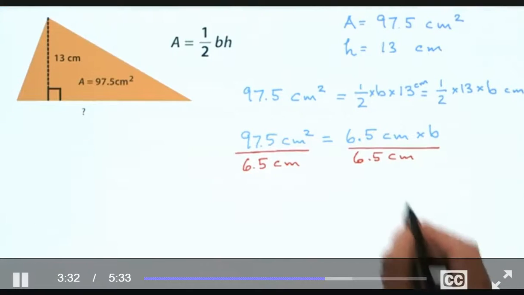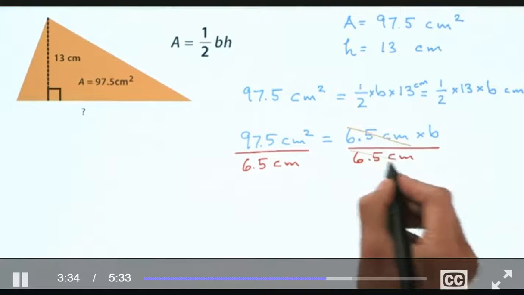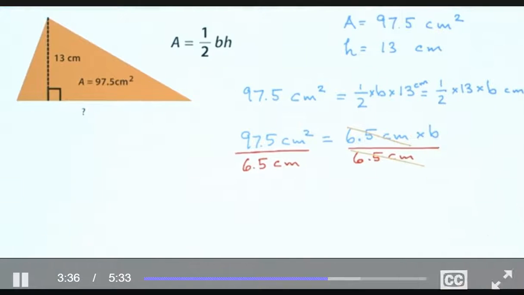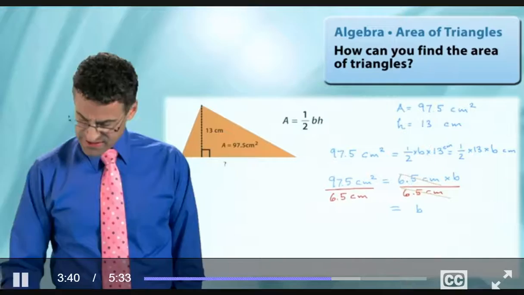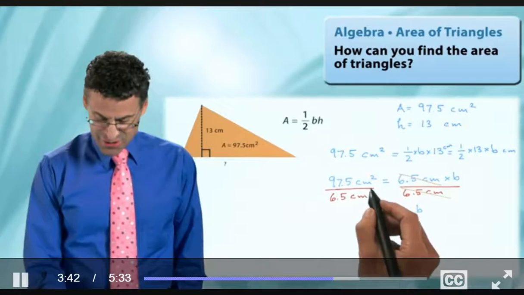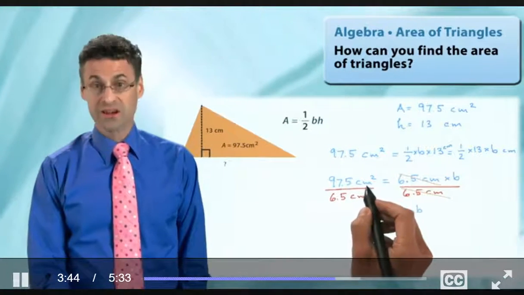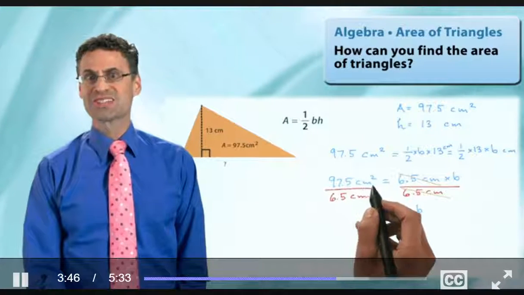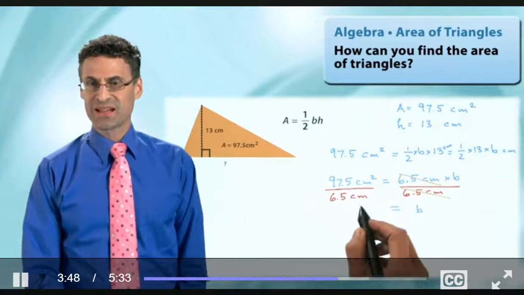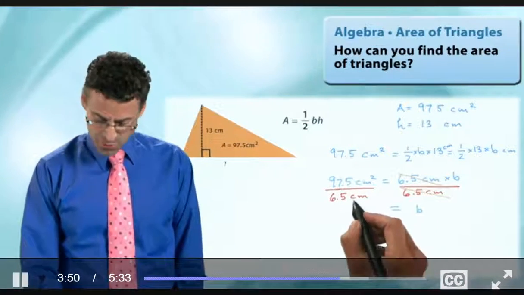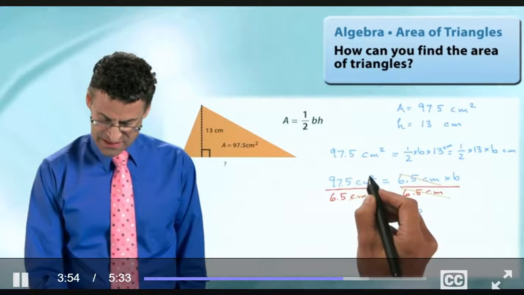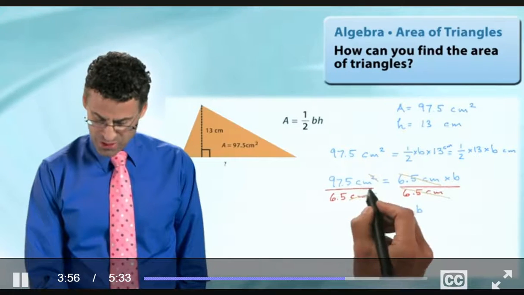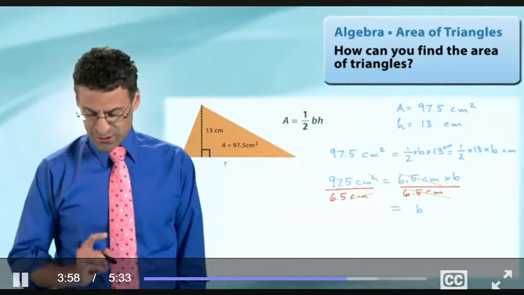And here you'll see this simplifies to just the b, which is exactly what I want, so I like that. And then this side, check this out. Notice that here I have centimeters squared. That means centimeters times centimeters, and I've got centimeters downstairs. So one of these centimeters here can actually simplify with one of the centimeters here, leaving me with only 1 centimeter left. So check out how cool that is.